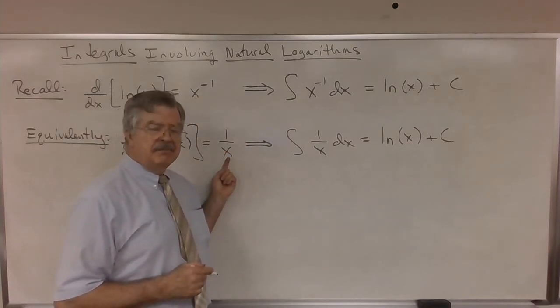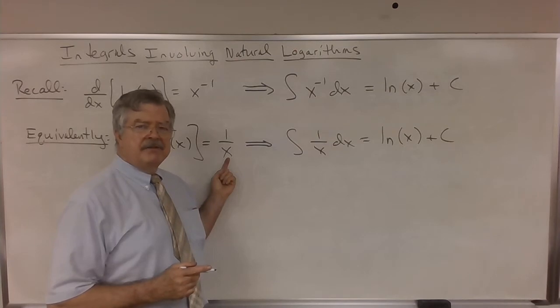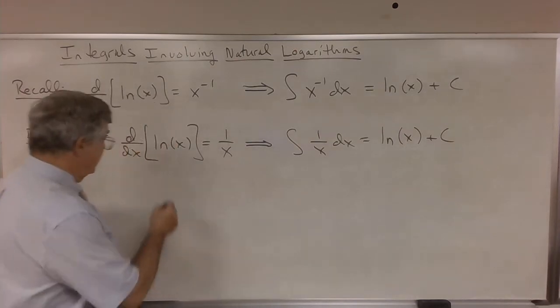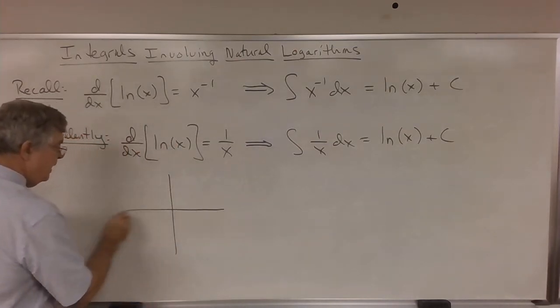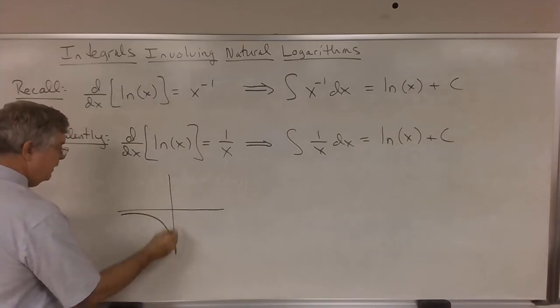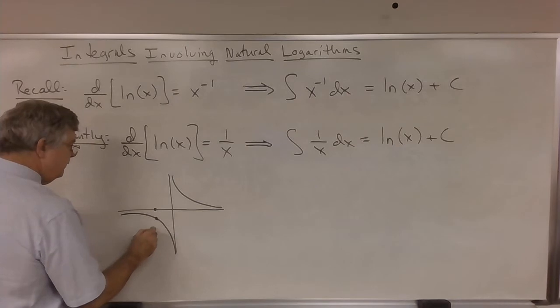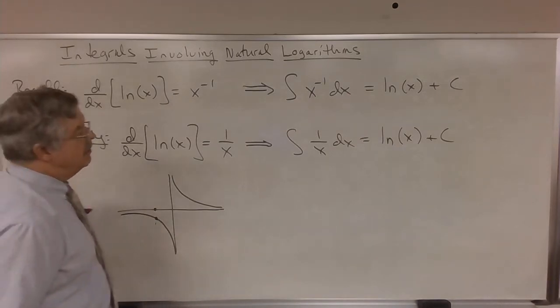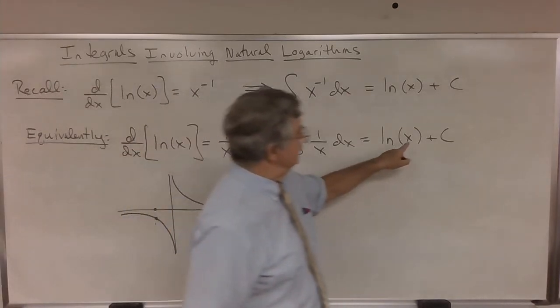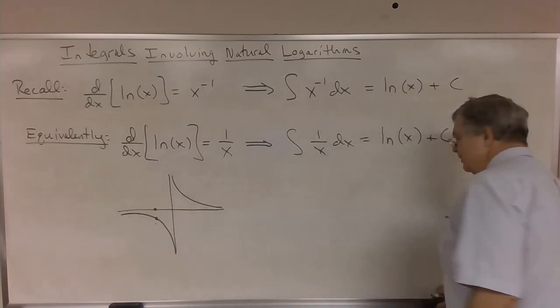Here's the graph of y equals 1 over x. And so, x can be negative. But if we take a negative value of x and plug it in here, bad things happen.